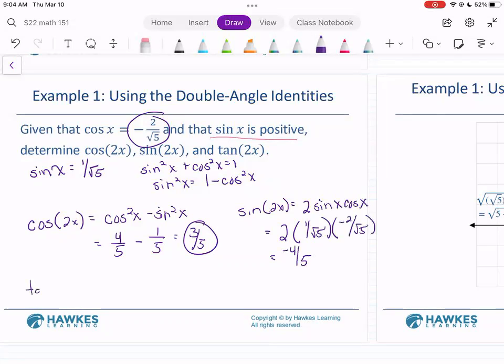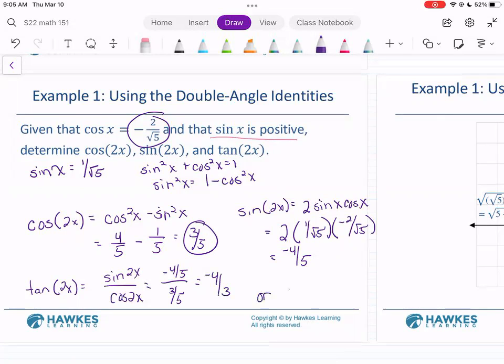And last but not least, we can use the double angle identity for tangent. We know that this is equivalent to the sine of 2x over the cosine of 2x, because we know sine over cosine, and we've already calculated both of those, which gives us -4/5 over 3/5, which results in -4/3.